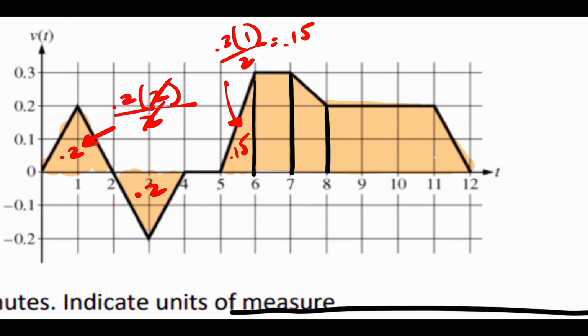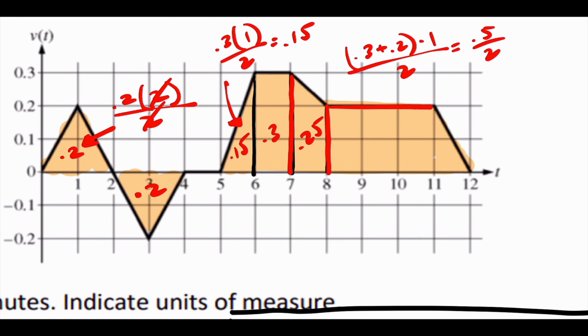The next one is just a rectangle, 1 times 0.3. The next one is a trapezoid. For the trapezoid, you're going to go base 1 plus base 2, so 0.3 plus 0.2 times the height divided by 2. So it's going to be 0.5 divided by 2, which is 0.25.